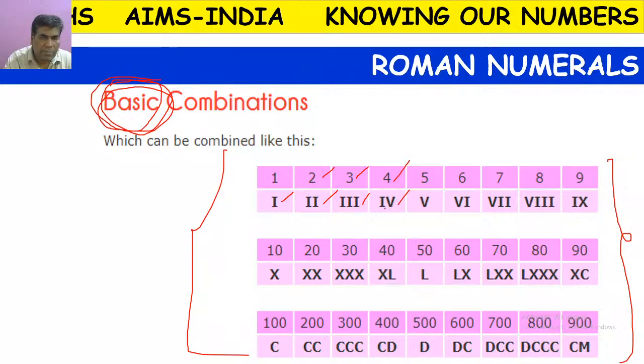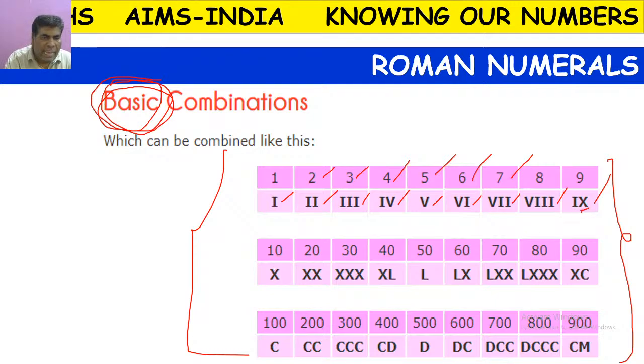For 5, they represent with V. 6 is VI, 7 is VII, 8 is VIII, 9 is from the X, I is to be subtracted.